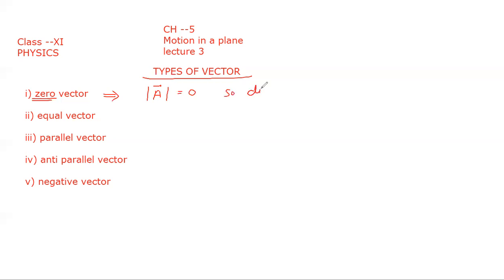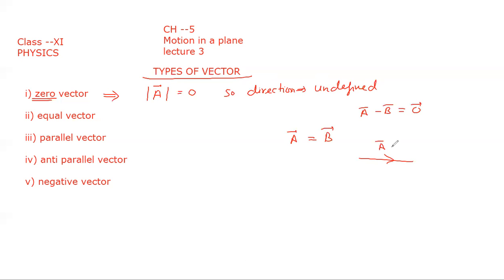So in this case, direction is undefined. Direction cannot be defined in the case of a zero vector. So what is a zero vector basically? Suppose vector A and vector B are equal, so vector A minus vector B equals zero.